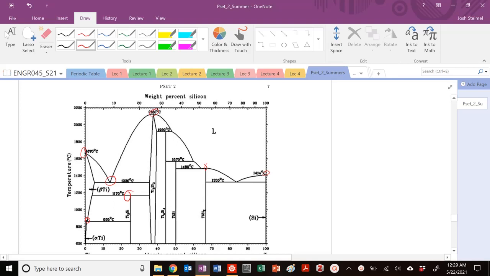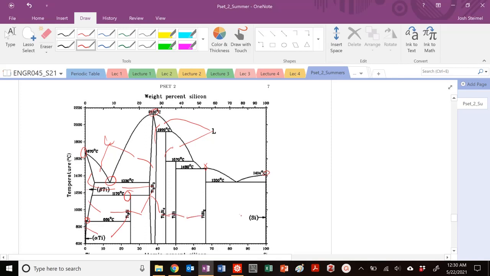This is a peritectoid, because we're going from, actually, let's do the regions. This region plus liquid, this material here plus liquid, this plus this, beta plus here, alpha plus this material, and so forth.